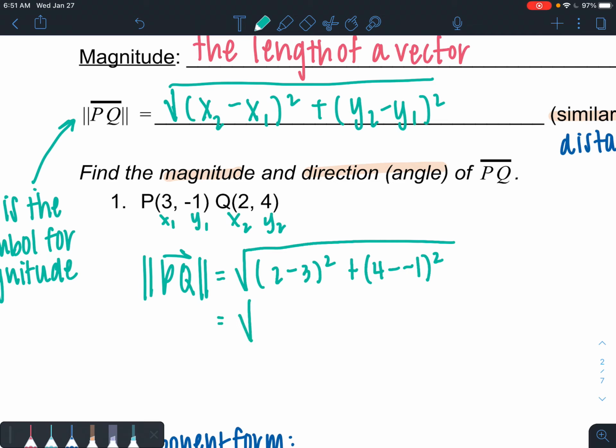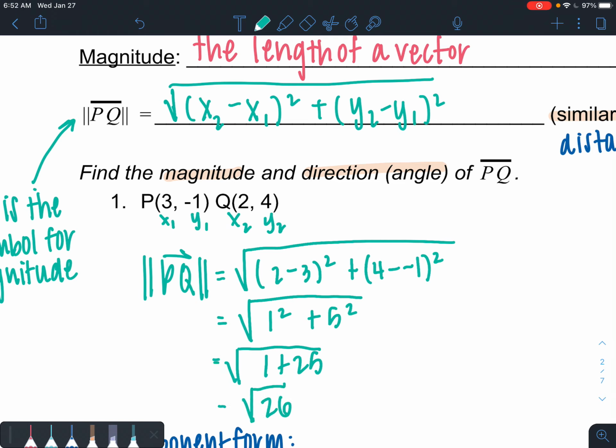We'll simplify this the old-fashioned way. So we're going to have the square root of 1 squared plus 5 squared. So the square root of 1 plus 25, or the square root of 26.